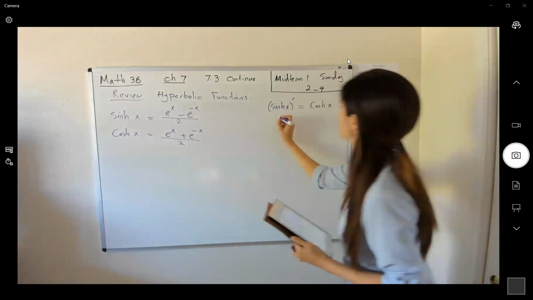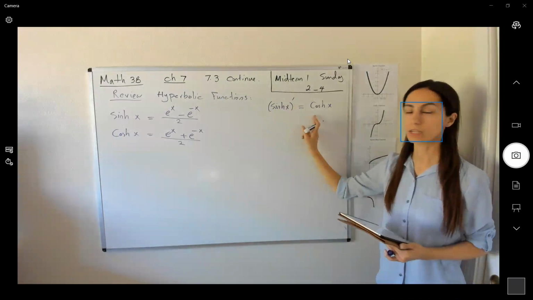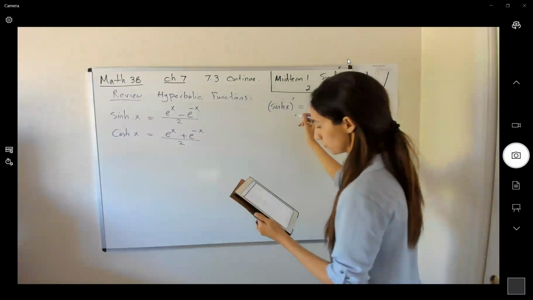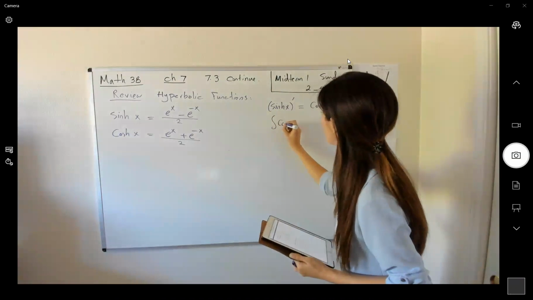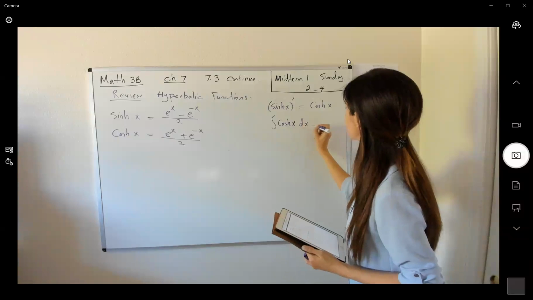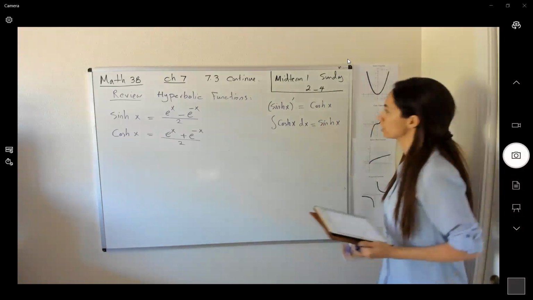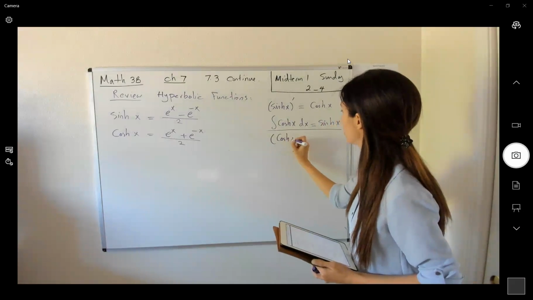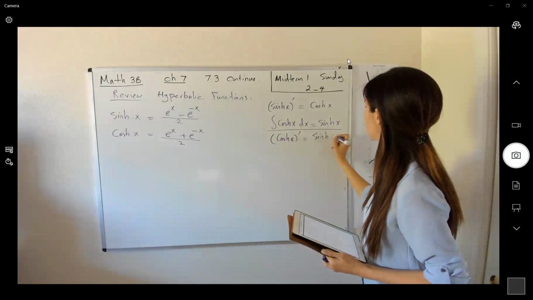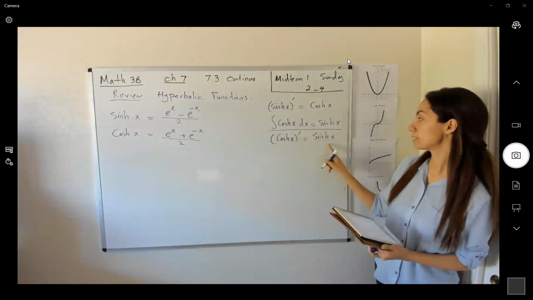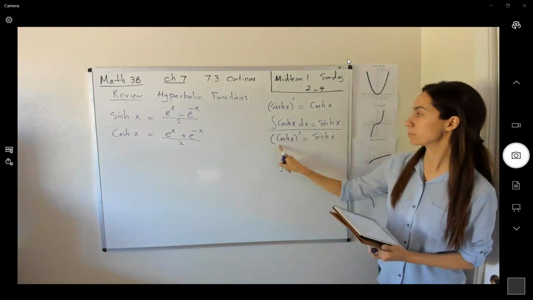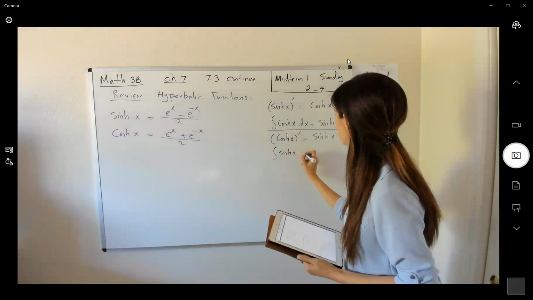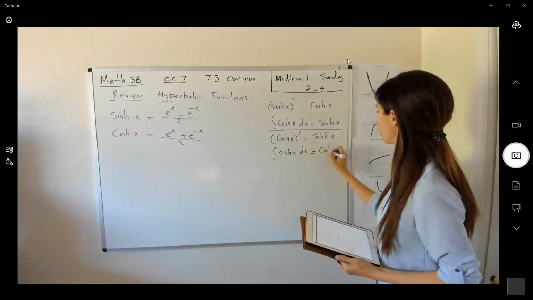Then the integrals, since we know that the integral and the derivative are opposite of each other, it means that if you take the integral of hyperbolic cosine x dx, it must be equal to hyperbolic sine. Next one, the derivative of hyperbolic cosine is equal to hyperbolic sine. What's the meaning of that? It means that if you take the integral of hyperbolic sine, it must be equal to hyperbolic cosine. So the integral of hyperbolic sine dx is equal to hyperbolic cosine.